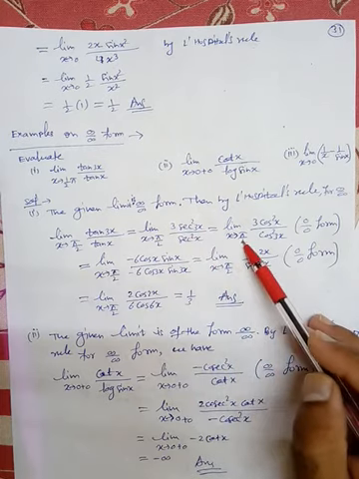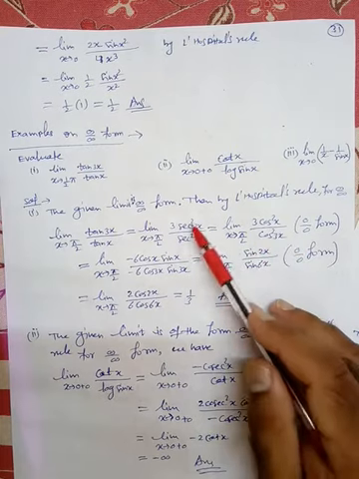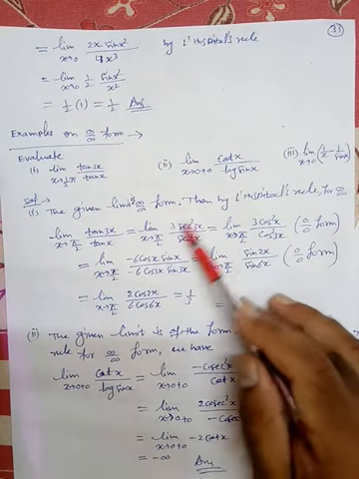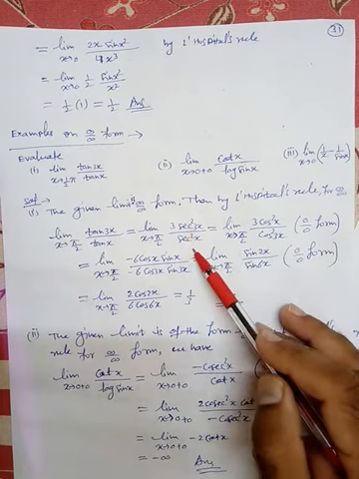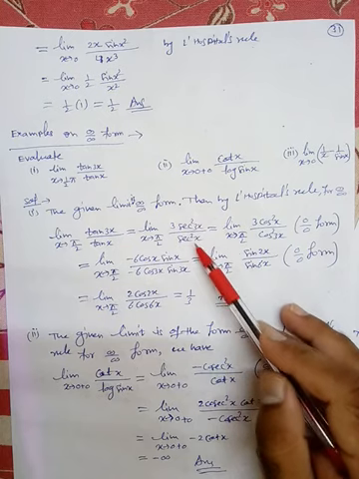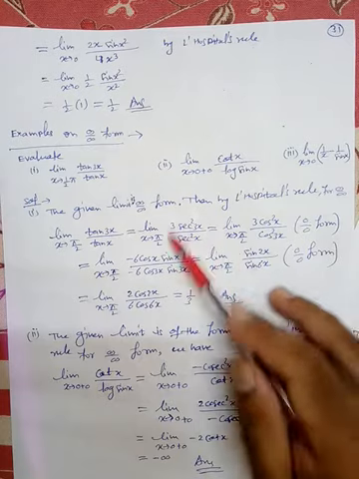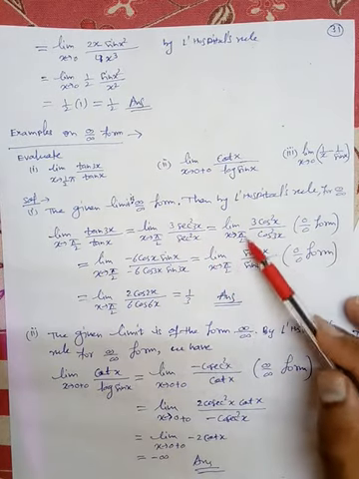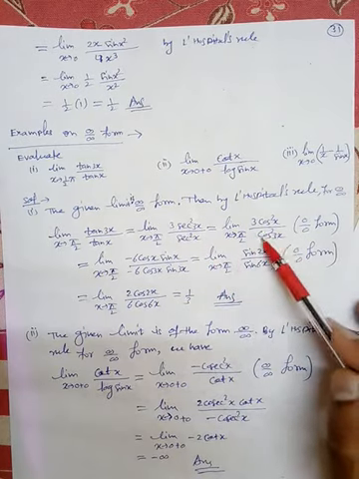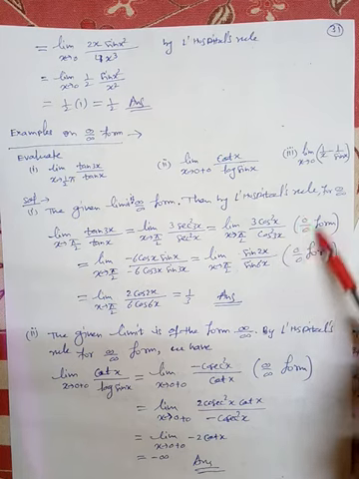So this is limit x tending to pi by 2. And now we can rewrite this in terms of cos: 1 by cos square 3x, and this we can write 1 by cos square x. So after simplification, we have limit x tending to pi by 2 of 3 cos square x divided by cos square 3x, which is now 0 by 0 form.